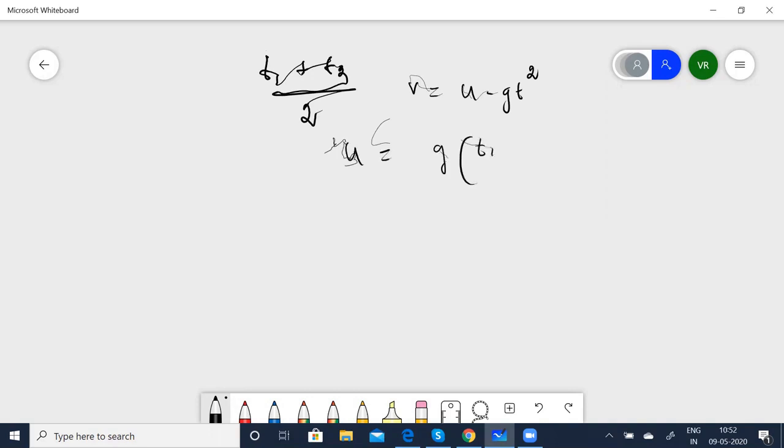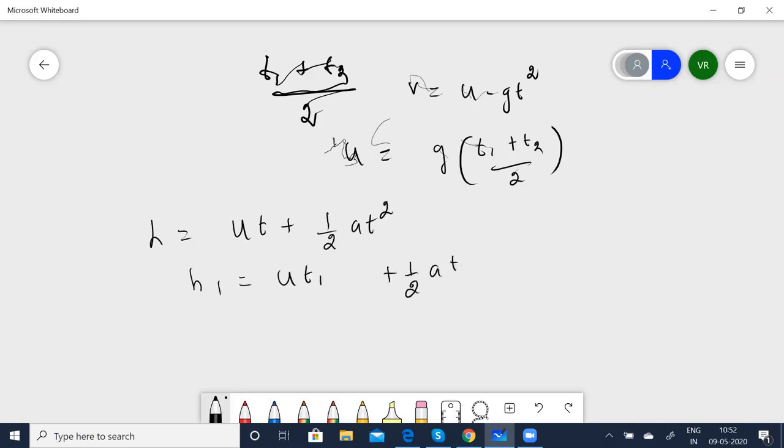Now the height of B from the ground is H = ut + half at squared, or H = ut1 + half at1 squared, which is equal to g into (t1 + t2)/2 into t1 minus half g t1 squared.